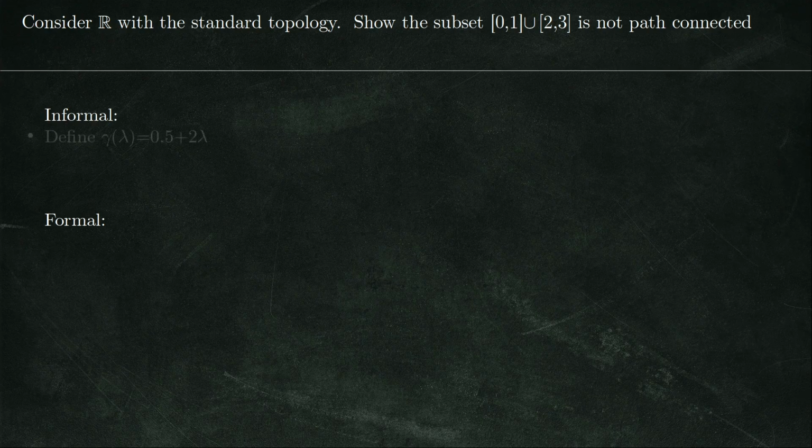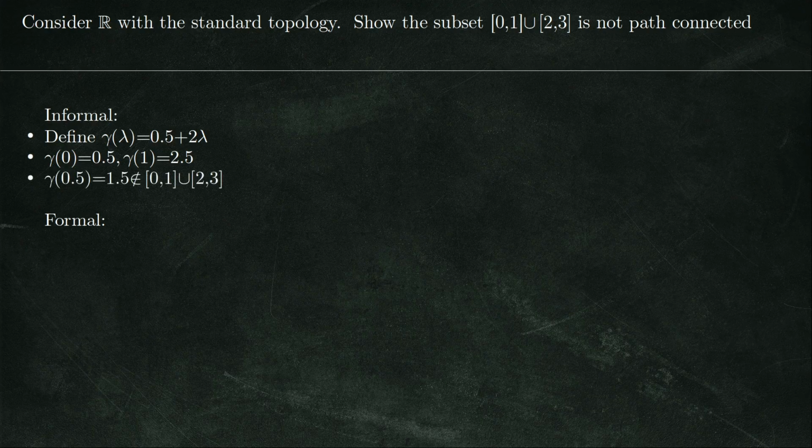So informally, we can construct a path. This path starts in the first set and ends in the second, as we can see. However, at some point it does leave the subset. For one point, if we sub in lambda equals 0.5, then we get 1.5, which isn't in the set we care about. And maybe you can see that we kind of expect this to happen because there's that gap there.